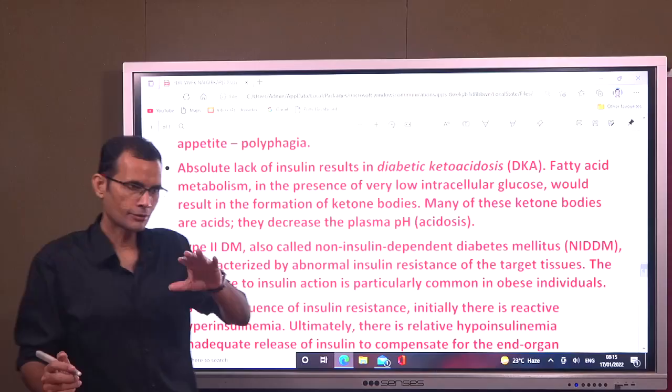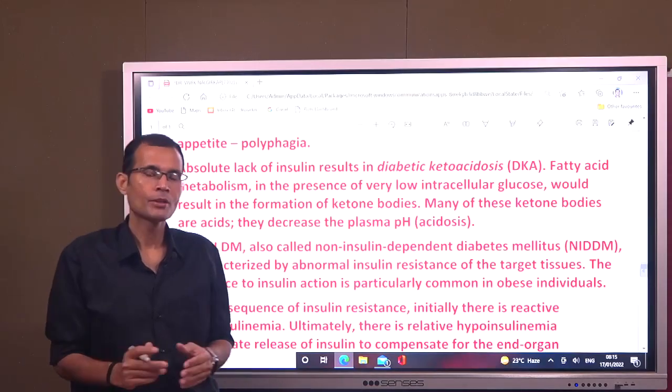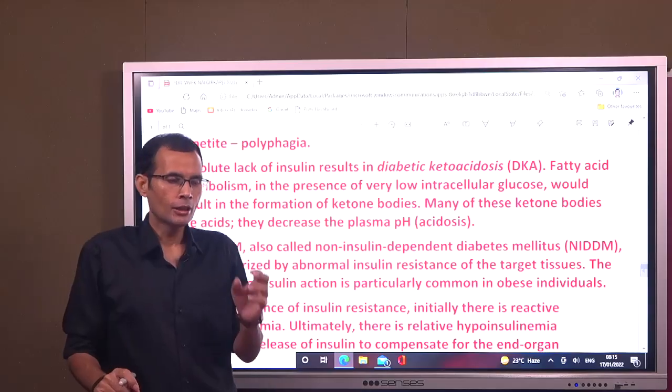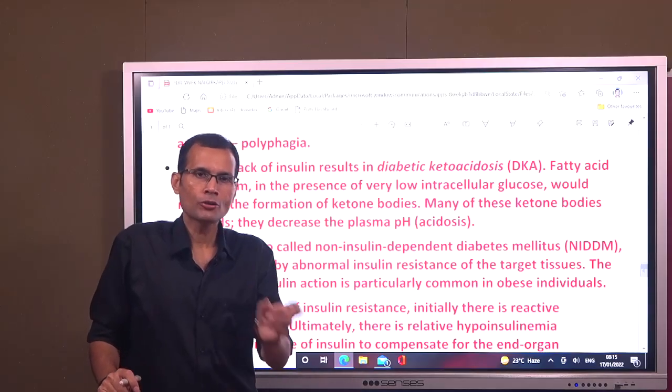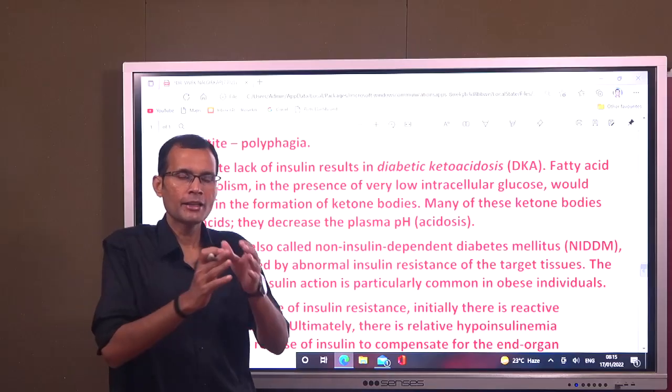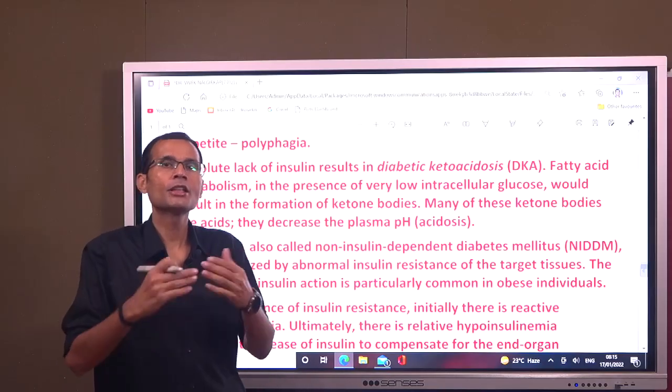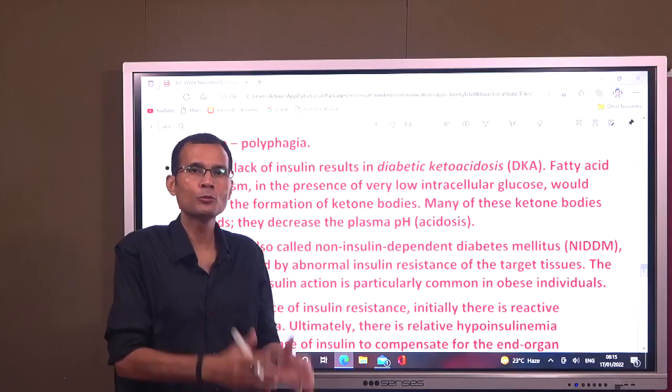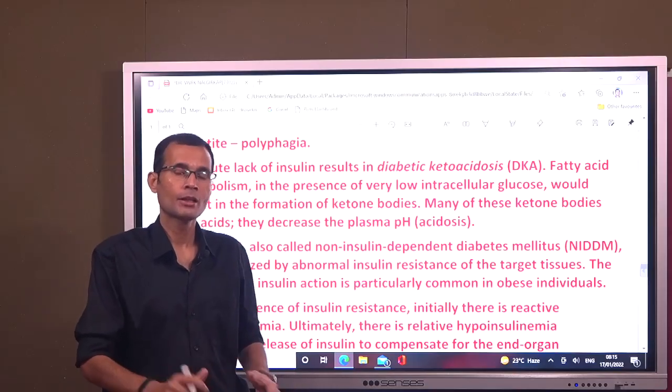We have slightly described it previously. Ketone body formation. Look, the beta oxidation of fatty acids and the metabolism of fats requires some amount of glucose inside the cells.